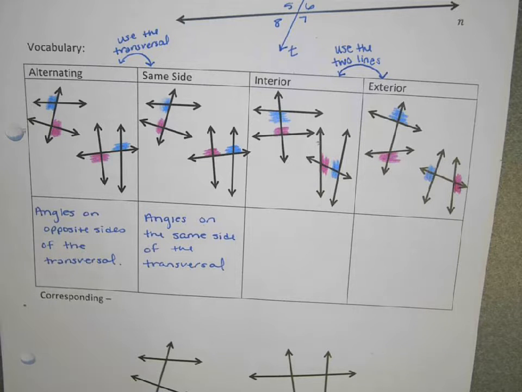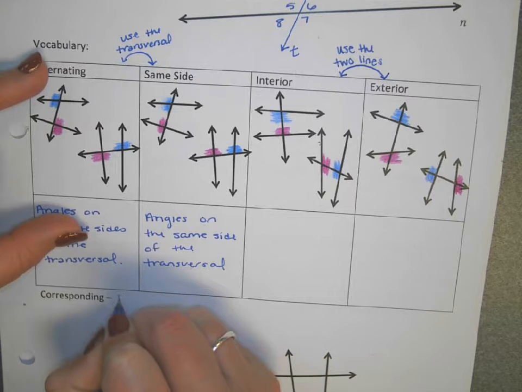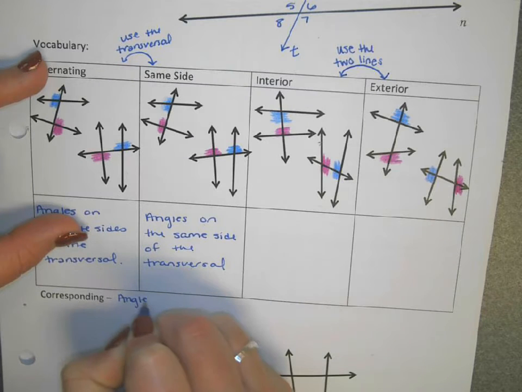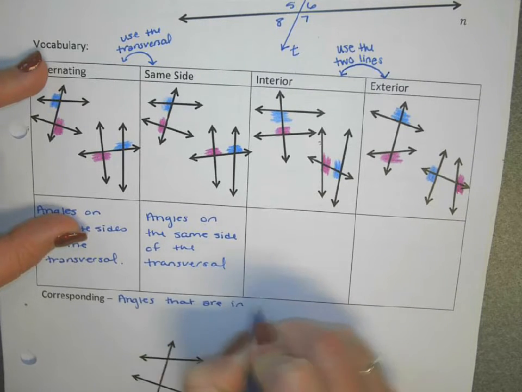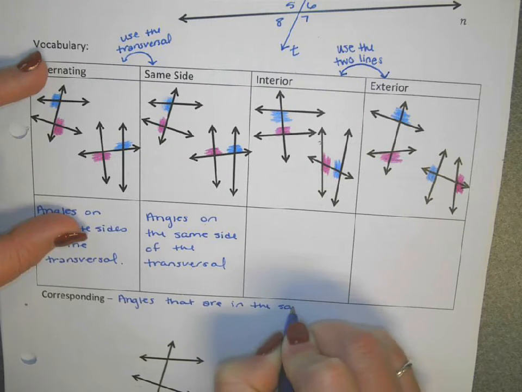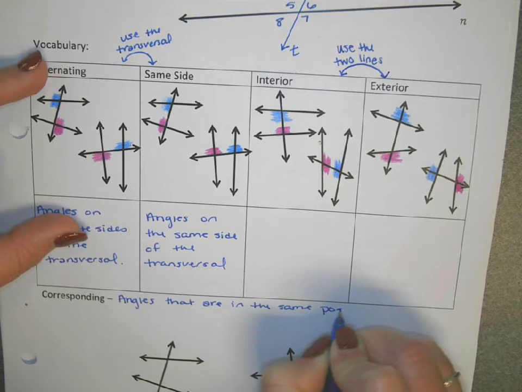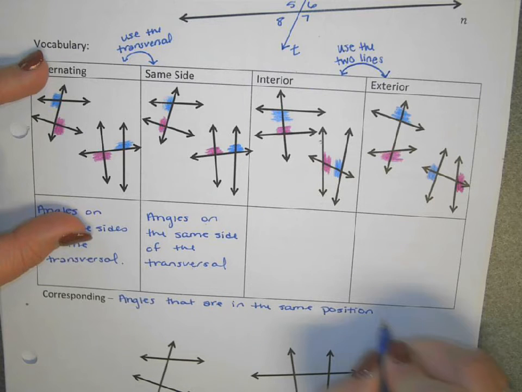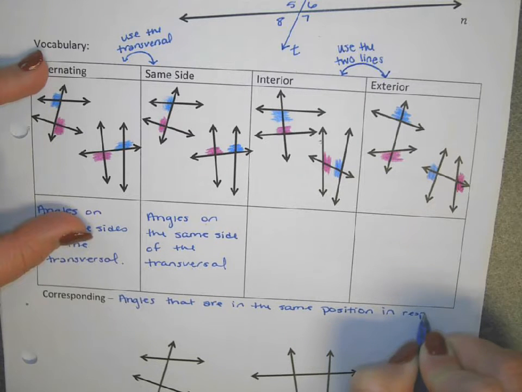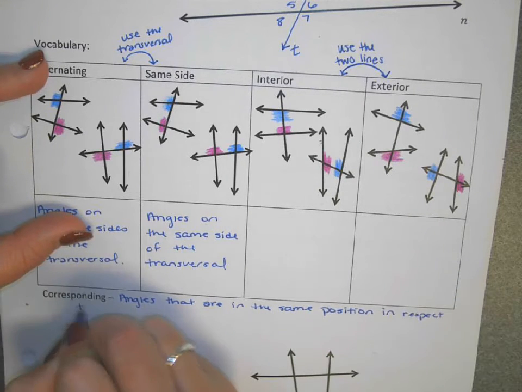Corresponding angles are angles that are in the same position in respect to the intersection.